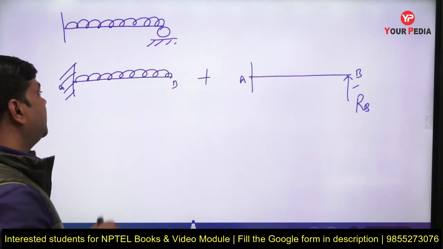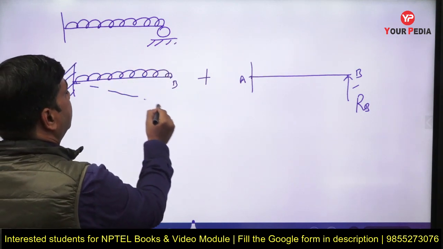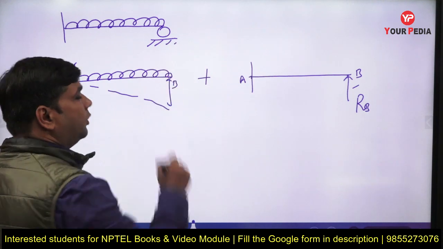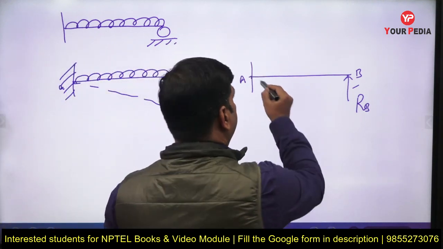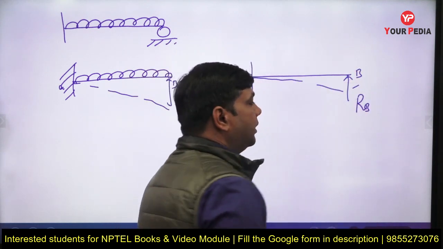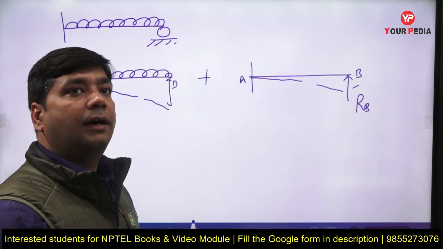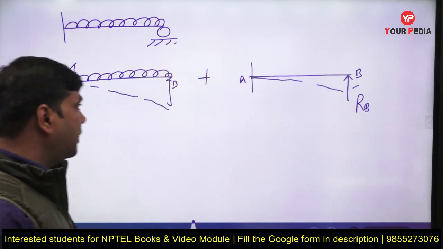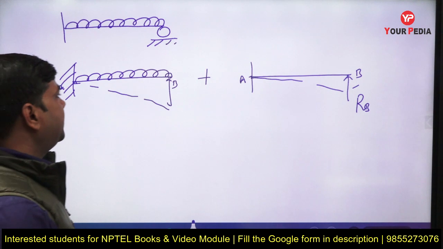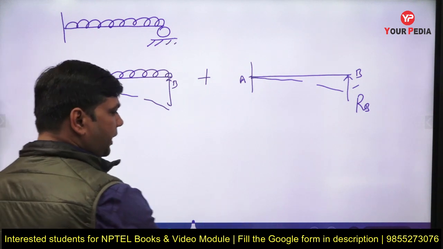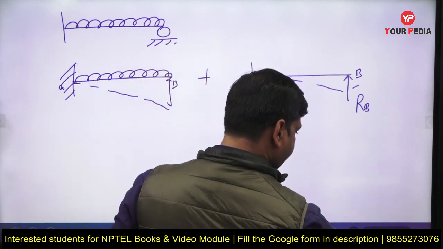First you have to find out the deflection due to this UDL, and this deflection is compensated by the reaction at the end B. So try to find out the deflection at the end B.